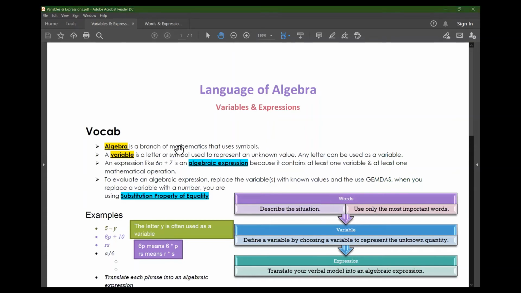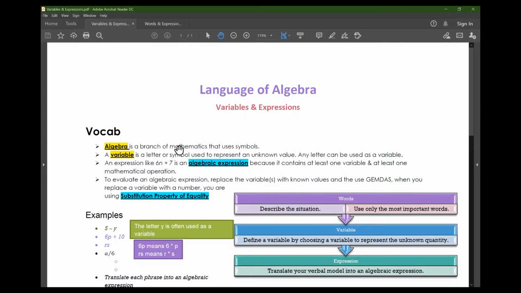Once you get into high school, you will learn even more about algebra, and teachers will go even more into depth, about the binomial theorem, the distance formula, the midpoint formula, the slope-intercept form. All of that you'll be taught once you get into high school.